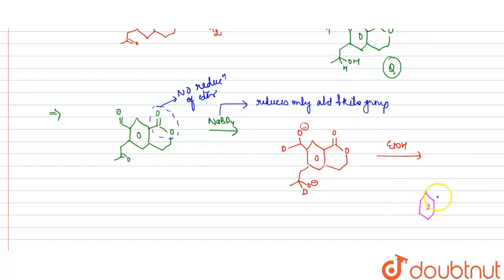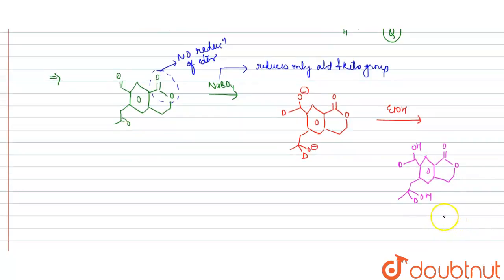Here we have a benzene ring, the right side of the compound remaining unchanged as no reduction of ester has taken place. Here we have our OH, and wherever there is O negative, OH will form and the rest of the compound will stay the same. If I draw this more specifically, here we had OH, then we have deuterium. Now this will be our product R formed.